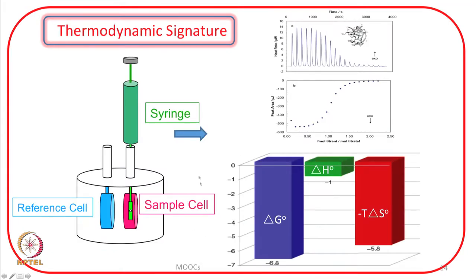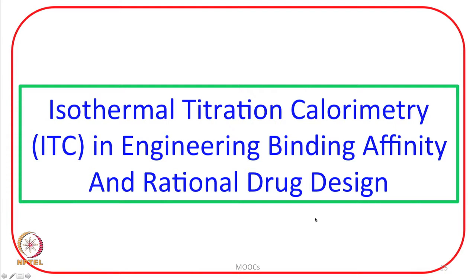Thermodynamic signatures from a technique like isothermal titration calorimetry are very important, and they can be obtained in a single experiment, which plays an important role in engineering binding affinity and rational drug design.